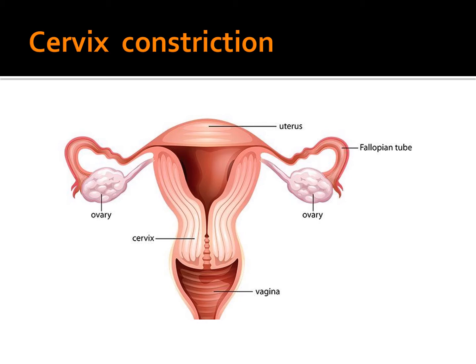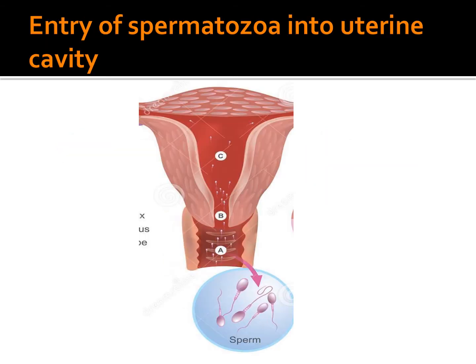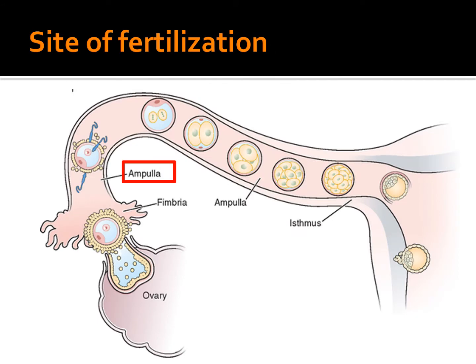One is the cervical constriction, which allows only 200 to 300 sperm to enter the uterine tube. Uterine muscle contraction also reduces the number of spermatozoa.